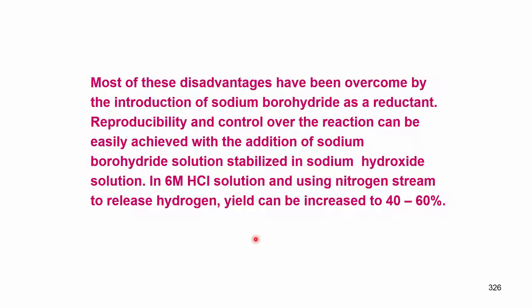So, in 6 molar HCl solution we need to use it, and we need to use nitrogen streaming to release hydrogen, because most of the hydride or hydrogen generated in a reactor will remain in the solution. So, that has to be released. How do you release a gas held up in a liquid?